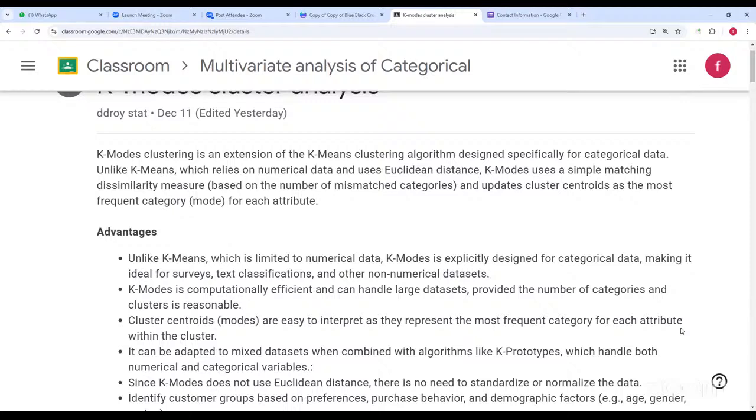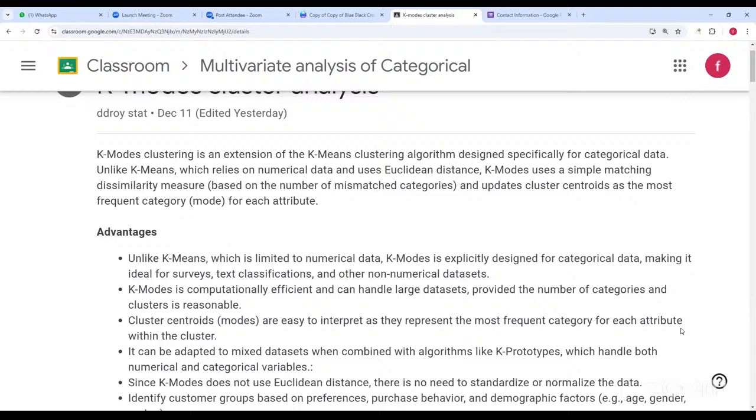We are using the numeric data, and with that numeric data we can find out the difference between the two scores for the Euclidean distance. But in K-mode cluster analysis, we are using the text data. When you have the text data, how can you cluster it?